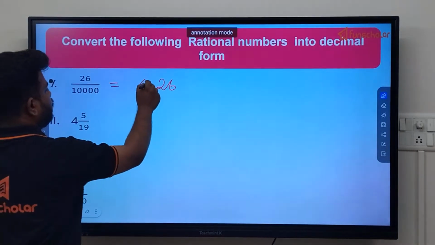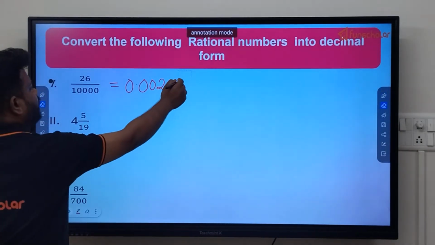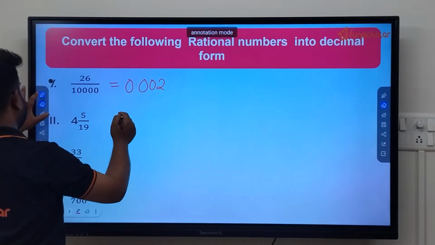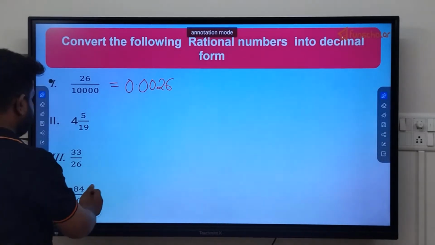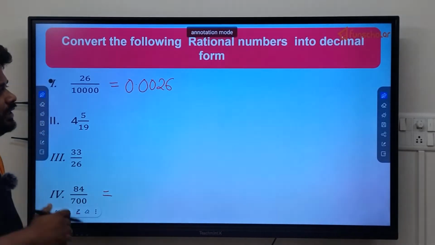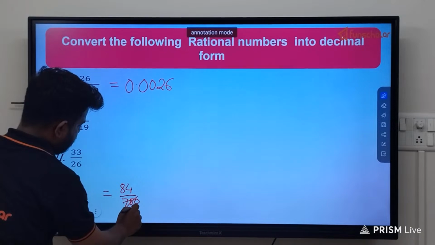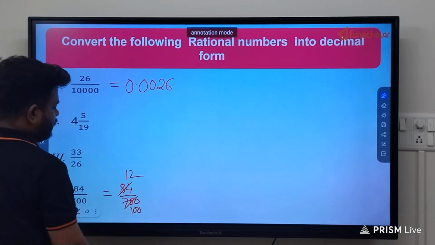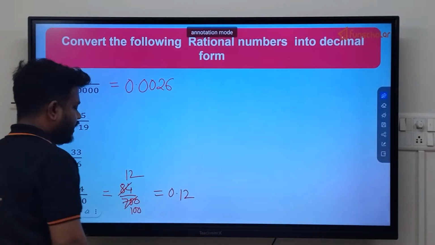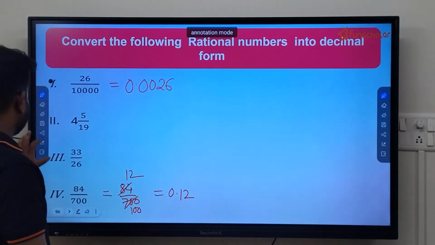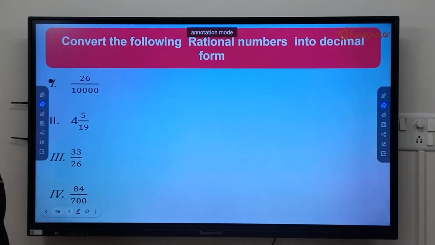So it will be 0.0026. If you are not understanding the 6 here, it will be here. For this case we can divide 84 by 700 and write it like this, and write it down like this. Okay, right. And the rest of the two will be your homework.